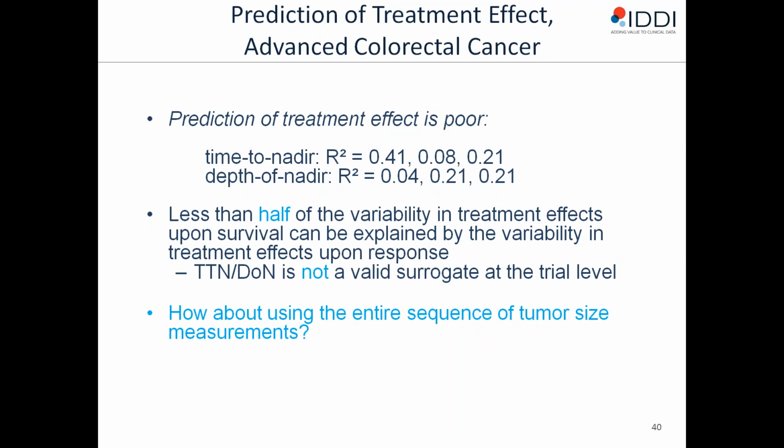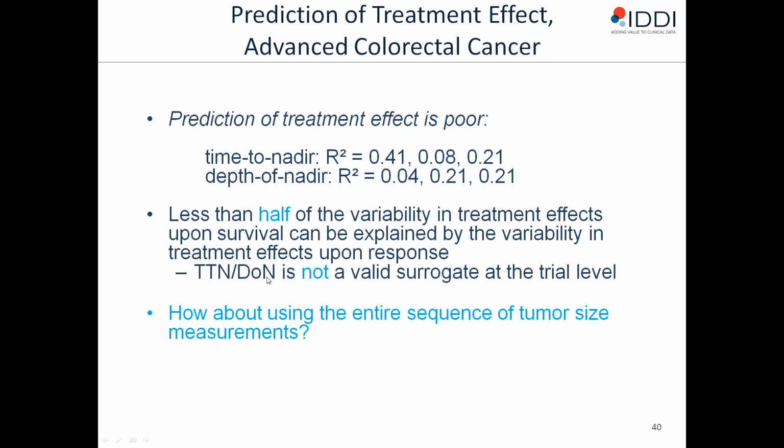So as I said, these are tentative results, but if we look at the time to nadir or depth of nadir, these are the R-squared values for chemotherapy trials, for antiangiogenic trials, and for anti-EGFR comparisons. We can see that nowhere more than 50% would be explained. It's actually less than half of the variability at most in treatment effects upon survival that is explained by the variability in treatment effects upon, sorry, I wrote response here, but obviously it's time to nadir or depth of nadir.